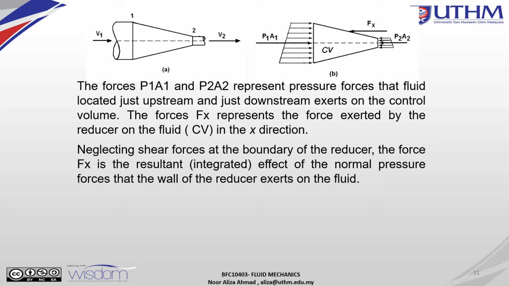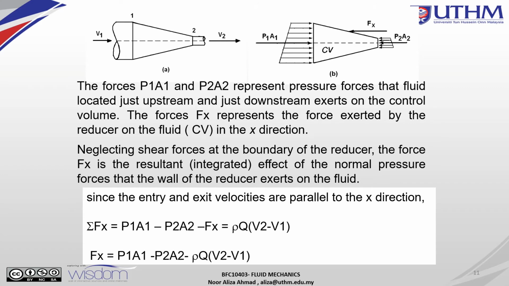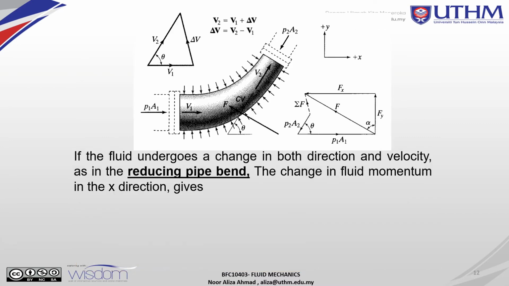Neglecting shear force at the boundary of the reducer, the force Fx is the resultant effect of the normal pressure force that the wall of the reducer exerts on the fluid. So this is the equation that applies for the bend and conduits, in the x direction.